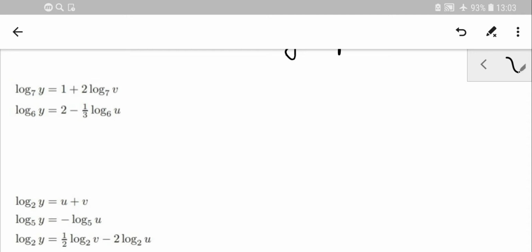I have log 7 of y, and first of all, it's better to set up logs on each side so that I can freely go to exponential form.